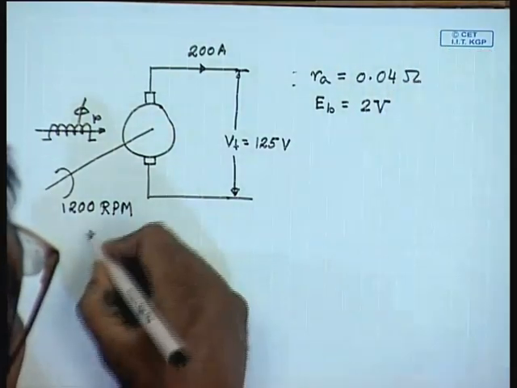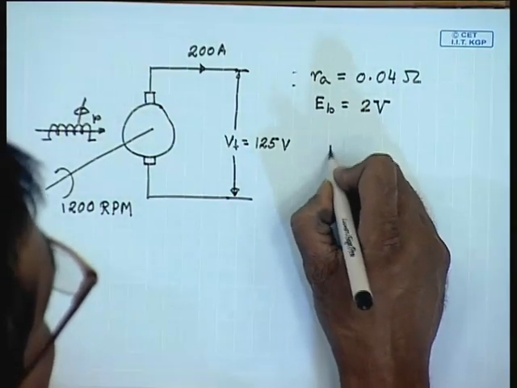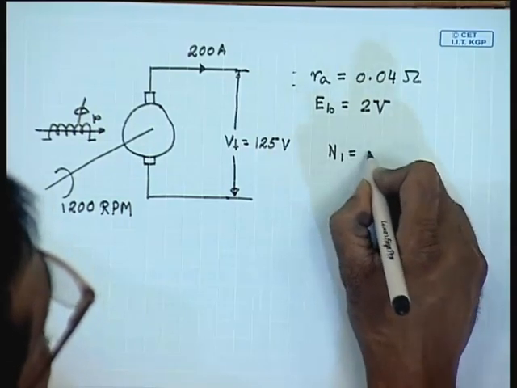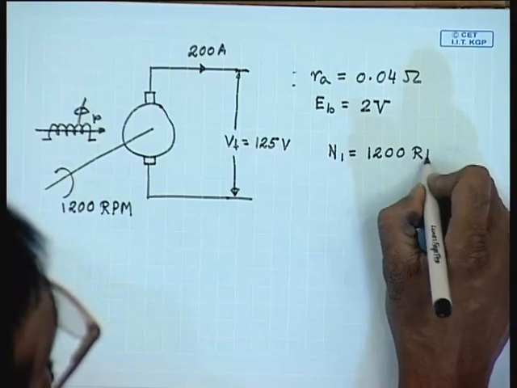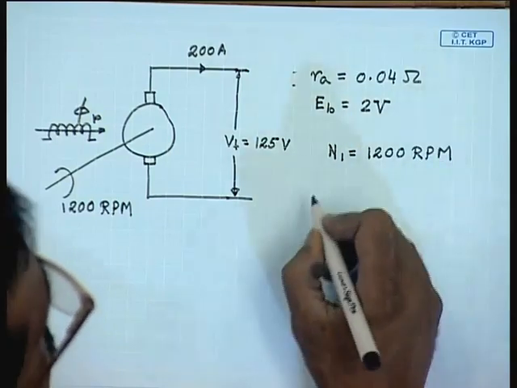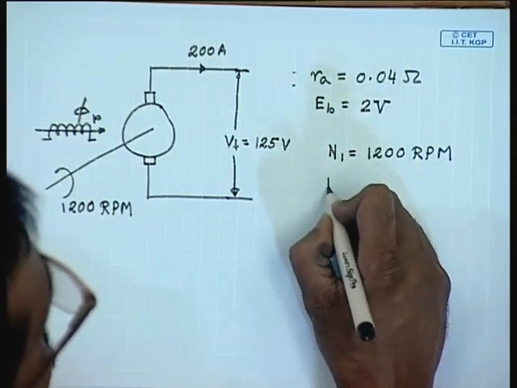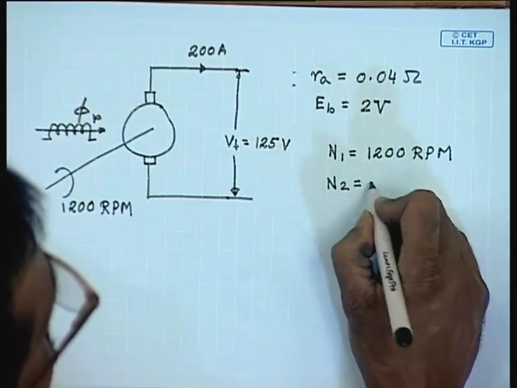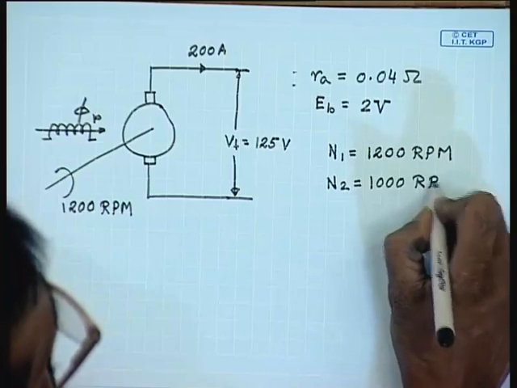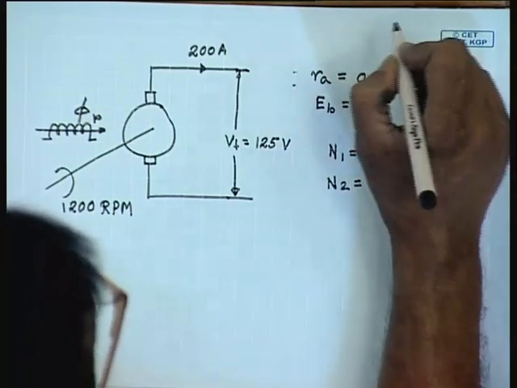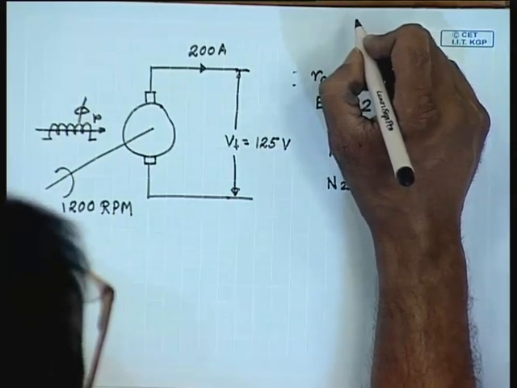Question is, if the rotational speed is reduced from 1200 rpm to N2 equal to 1000 rpm, what will be the new armature current?